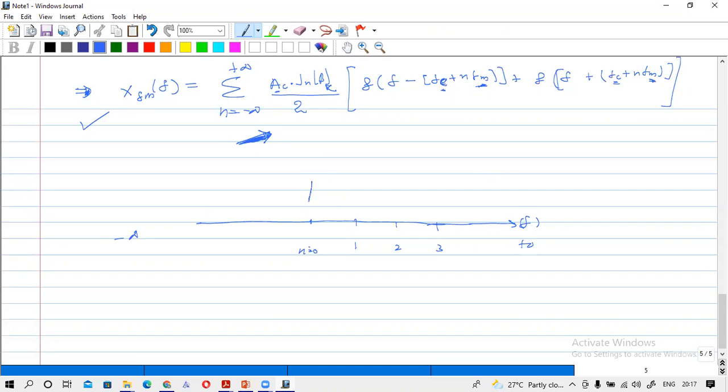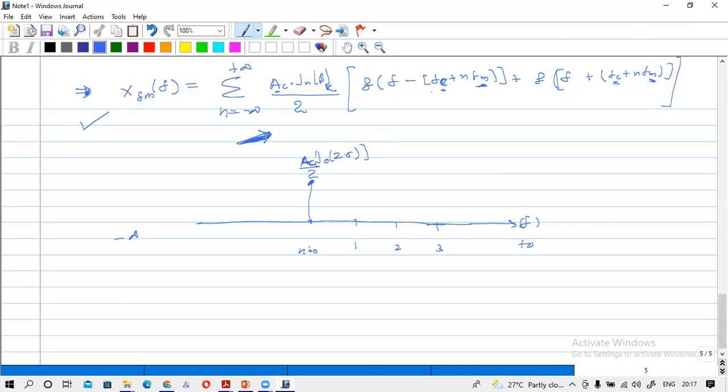So we have this kind of value, AC J0(2.5) by 2. You can find this value using the Bessel function table, since AC is known.